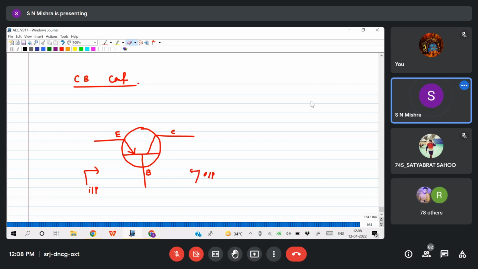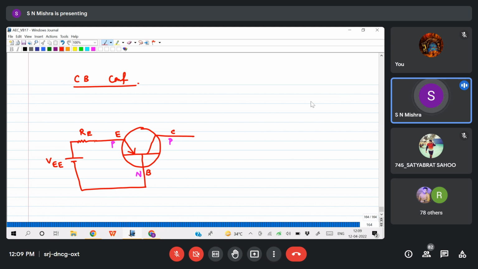Now I have to bias the transistor to make the circuit. First I will connect one resistor here across the emitter, that is RE, and the emitter base junction should be forward biased. So this is your P, this is your N, this is your P. P side should be connected to higher potential, N side to lower potential, and I will name it VEE.